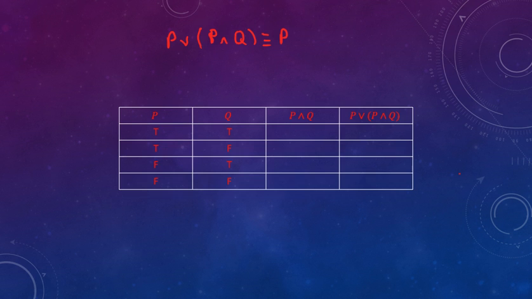Fill in the remaining two columns, the one for P and Q, and then the one for P or P and Q. And we are expecting that we're going to come up with the same sets of values for our first column as well as our fourth column, because the two logical forms that we want to compare are P and then P or P and Q. So pause the video here.